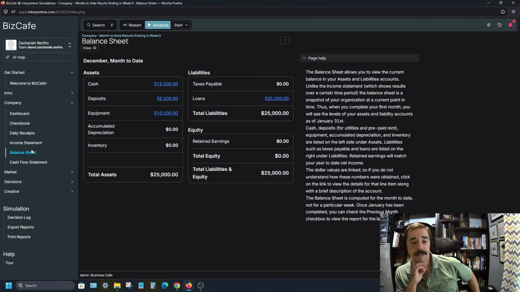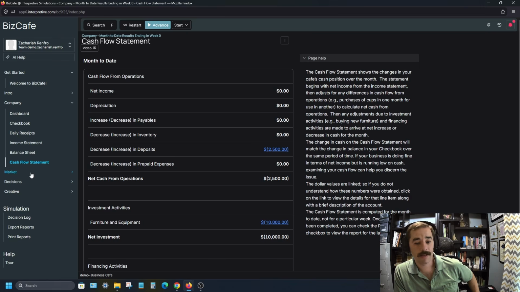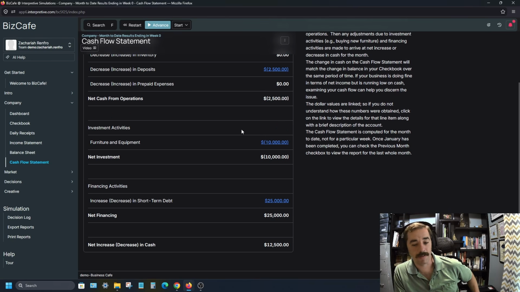Here's our balance sheet. So we've got 12,500 in cash, 10,000 in equipment. Got our loans for 25,000. We have no cash flow. In fact, we had to make 2 deposits and we bought furniture, so it's negative cash flow.